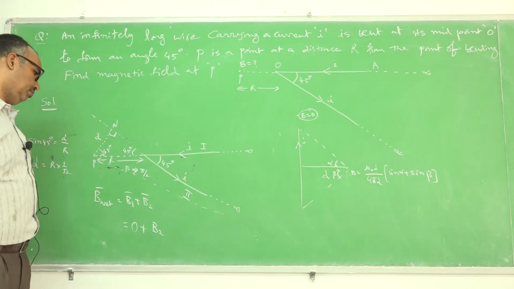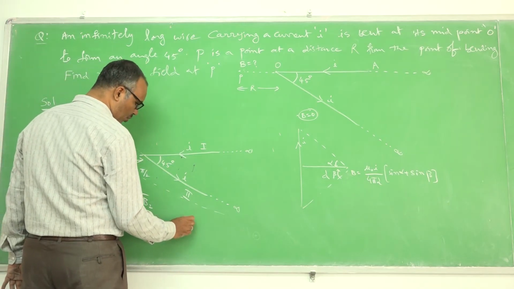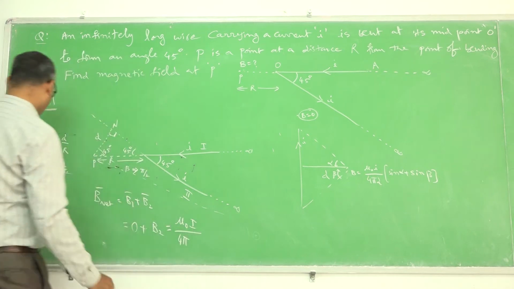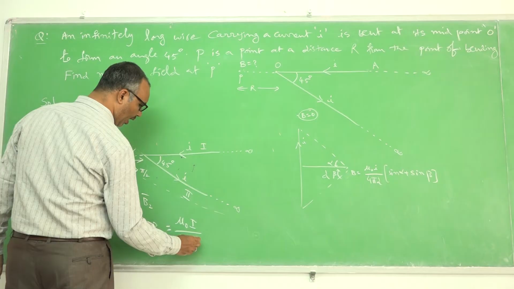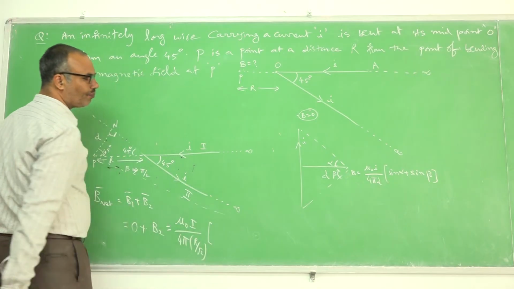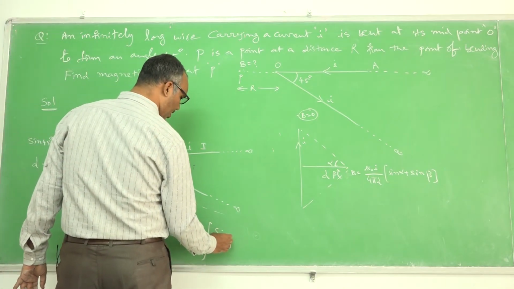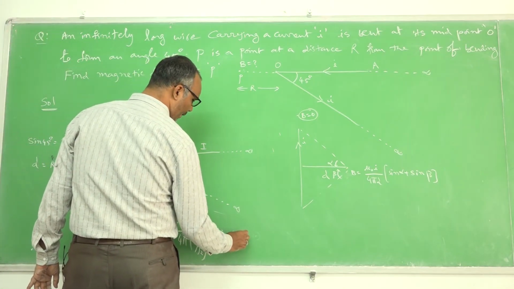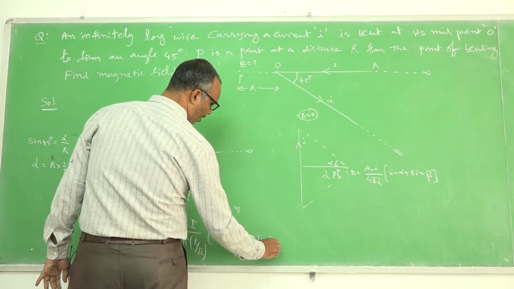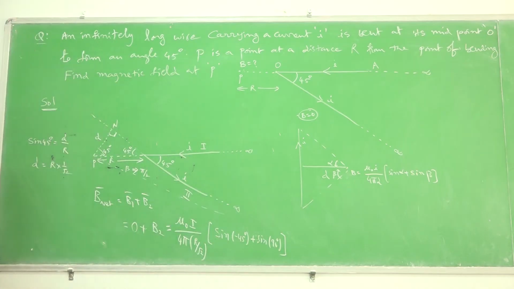Therefore, the magnetic field is mu naught I by 4 pi, in the place of d I should write r by root 2. In the place of alpha, I should write minus 45, sin 90 or pi by 2, whatever it is.